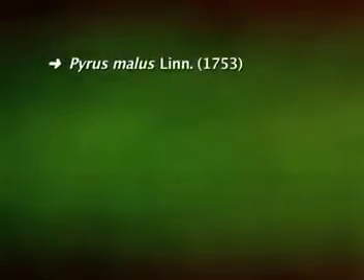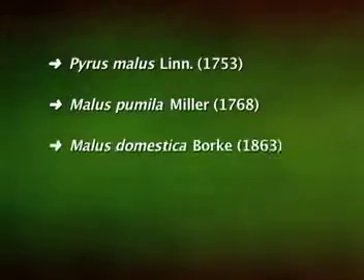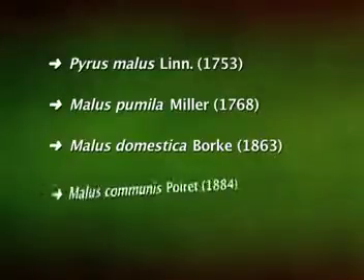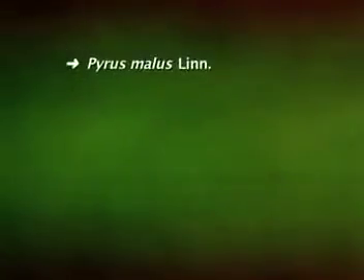For example, Pyrus malus Linn. 1753, Malus pumila Miller 1768, Malus domestica Borkh. 1863, Malus communis Poiret 1884. Here the name Pyrus malus Linn. has priority over other names and all other names are synonyms.